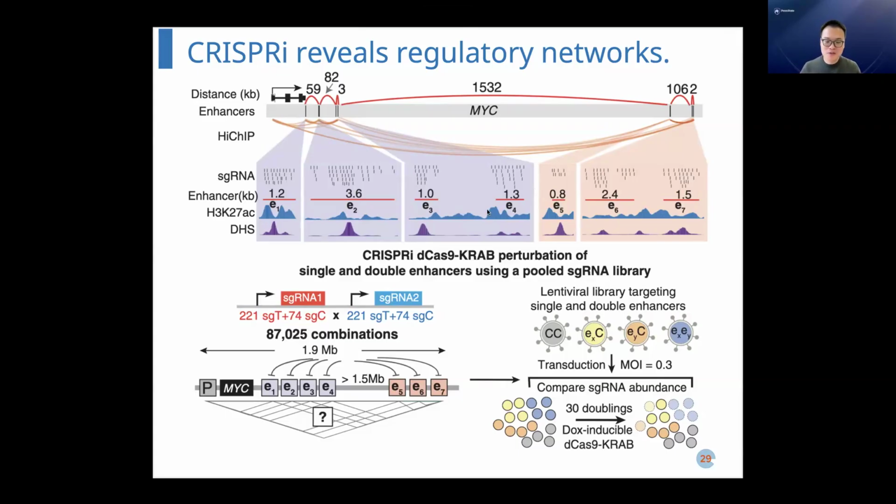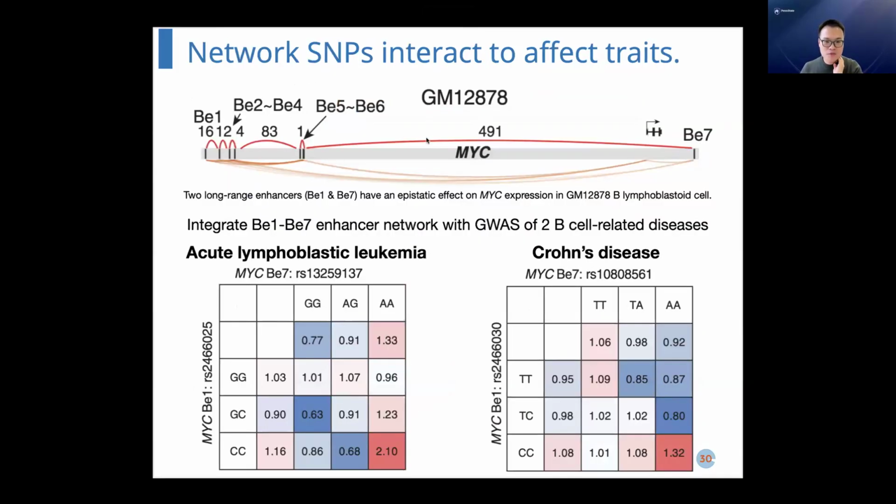This is a figure illustrating this kind of experiment applied to a famous oncogene called MYC. Based on this type of experiment, we can develop a machine learning algorithm to infer how enhancers interact with each other in a network. This is an example of deriving such a network for the same oncogene, MYC, using experimental data from a B cell cancer cell line.